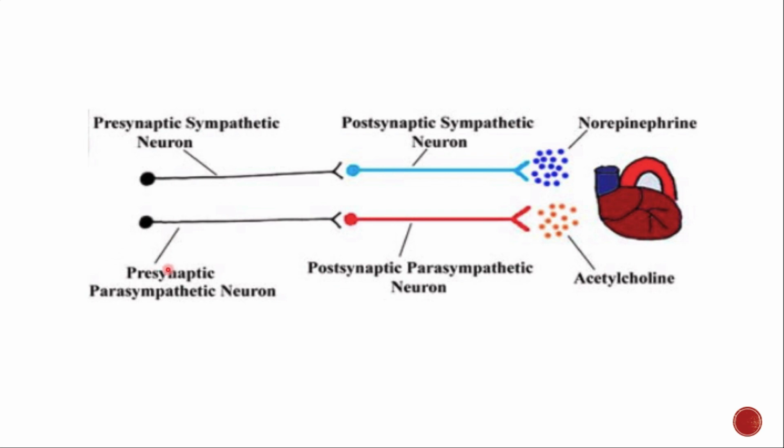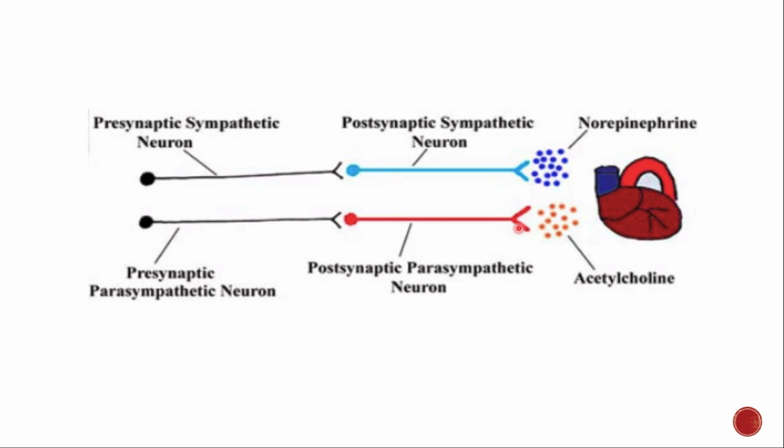This is the presynaptic parasympathetic neuron. This is the origin, that is mostly the sacral part of the spinal outflow, and the cranial nuclei, for example the Edinger-Westphal nucleus. And there are the ganglia. The ganglia can be the ciliary ganglion, the pterygopalatine ganglion, or any other ganglion.